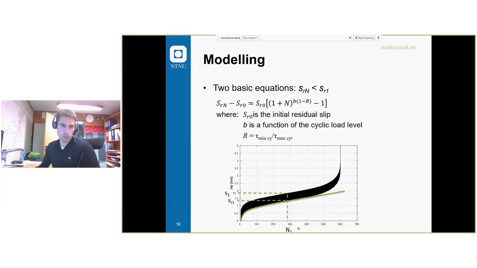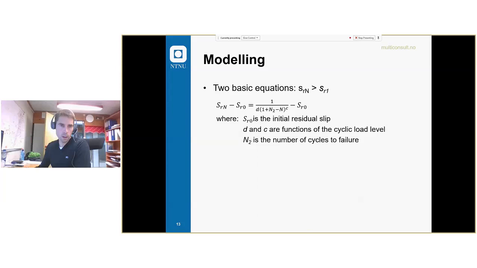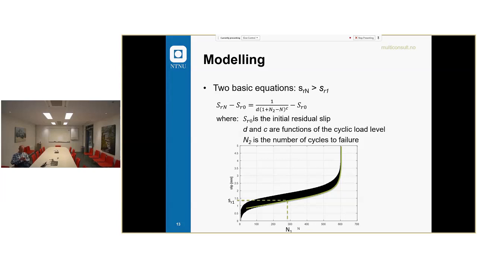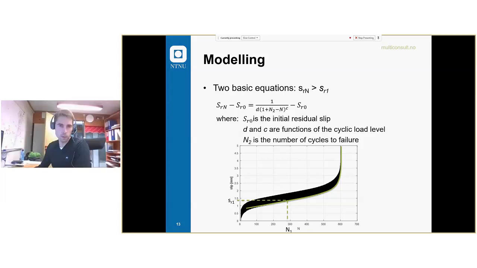The lower part is the plastic slip, whereas this upper part is plastic plus elastic. That's why we have this band. So the first equation models this curve until you reach SR1. And the second equation models the last part from SR1 until failure.